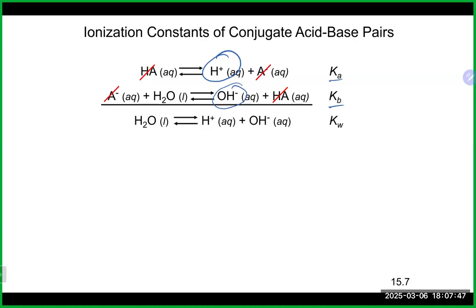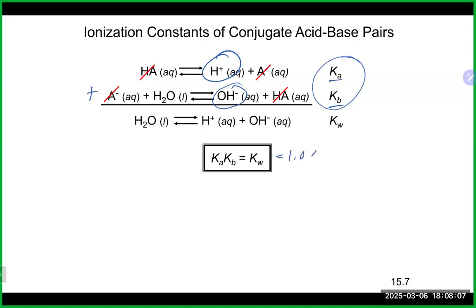That's our Kw. And if we add these reactions together, what do we do with those K values? We multiply them. So it gives us a really good relationship: if you take the Ka value times the Kb value, it will equal the Kw value. And that, by the way, is still that 1 times 10 to the minus 14 in most cases.